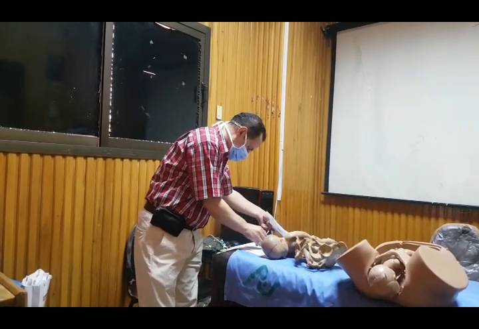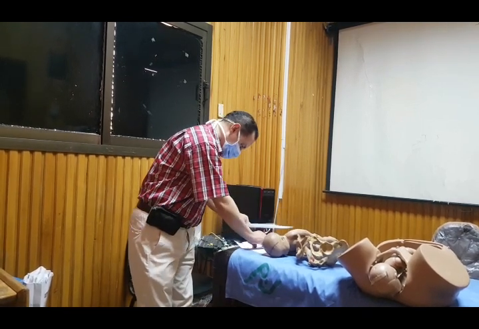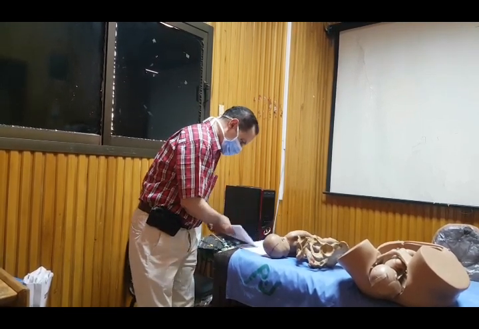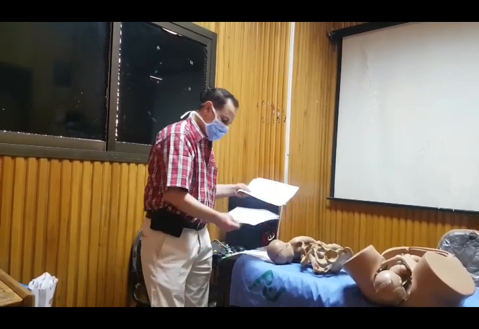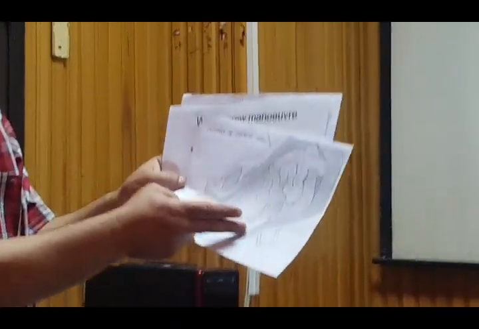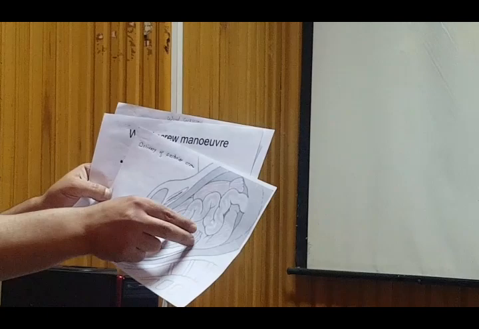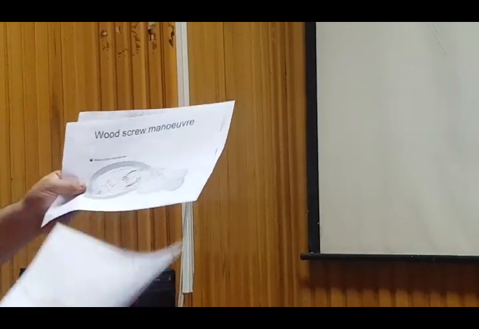By the way, I wanted to let you see, before we go to all fours, this is how to deliver the posterior arm, as you see here. Two fingers inside, flexion at the cubital fossa, get the arm outside. This is delivery of the posterior arm.